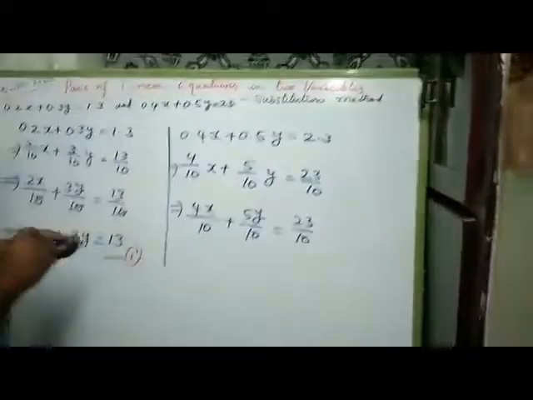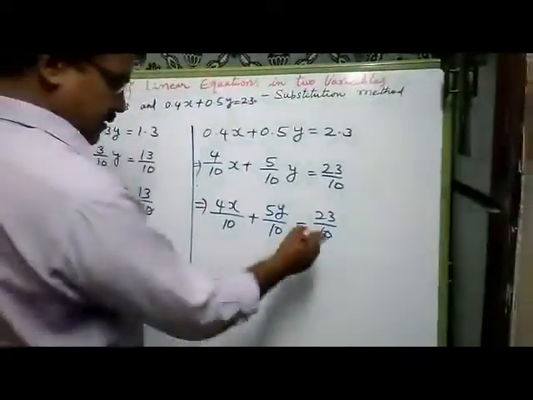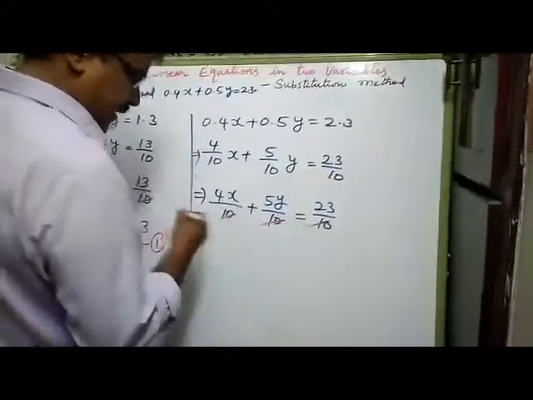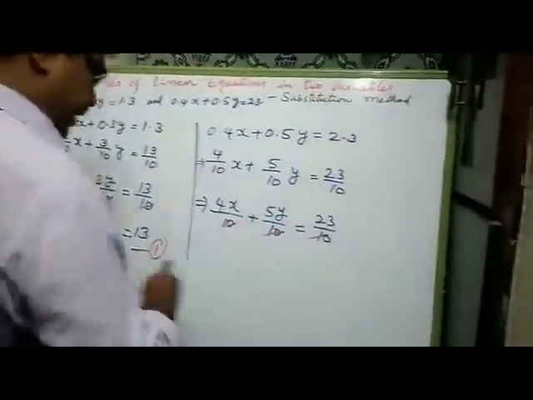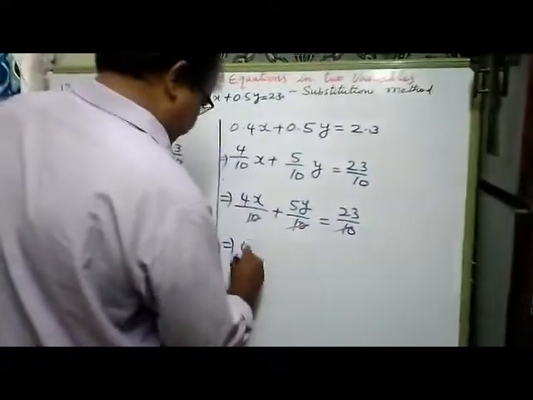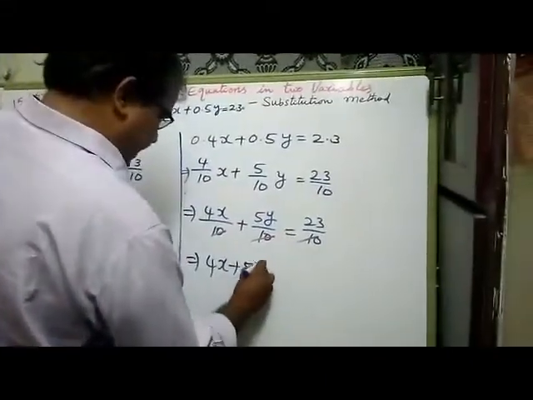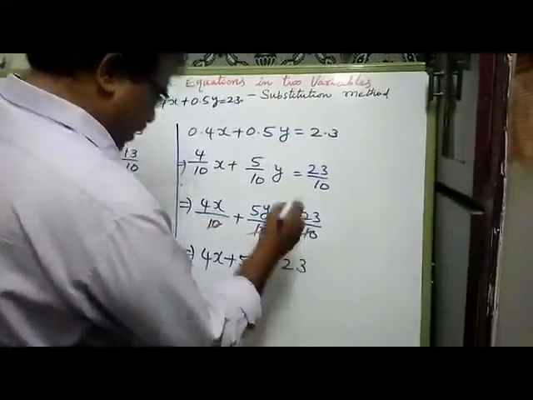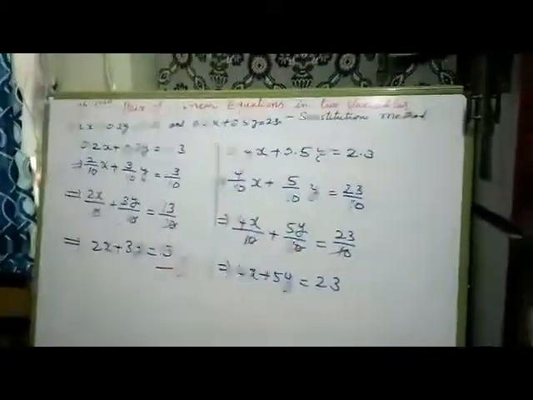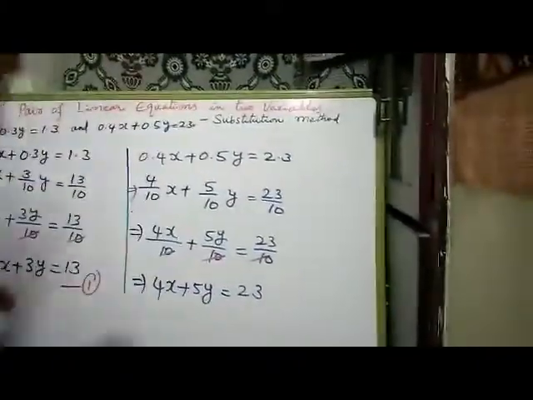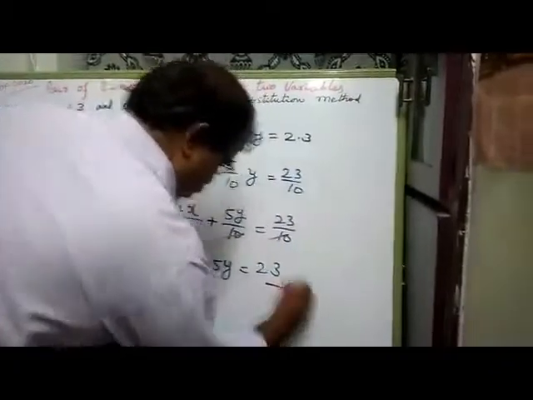We can cancel, so finally 4x plus 5y is equal to 23. This is equation 2.